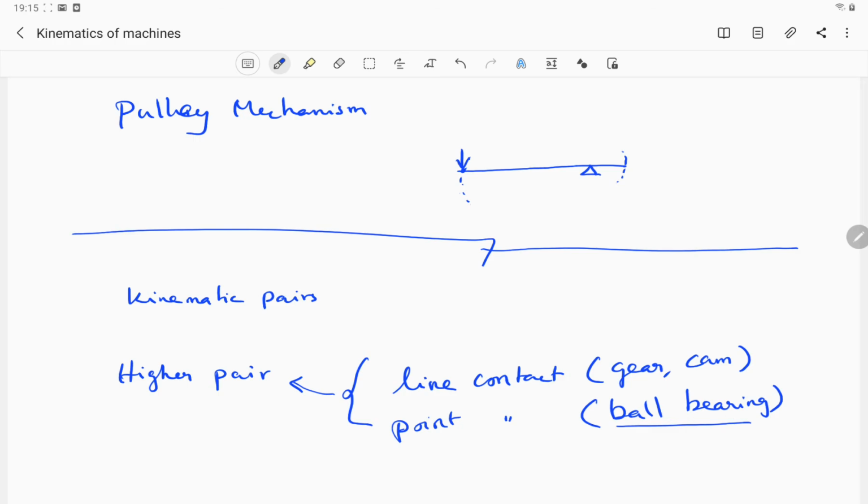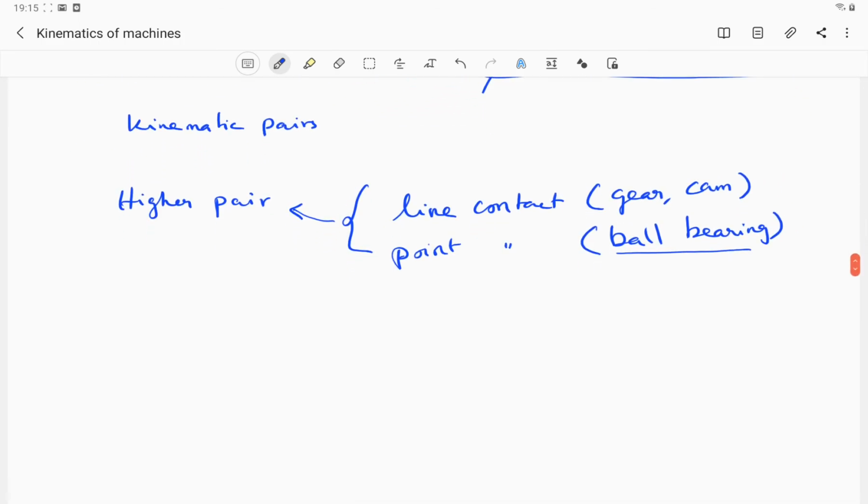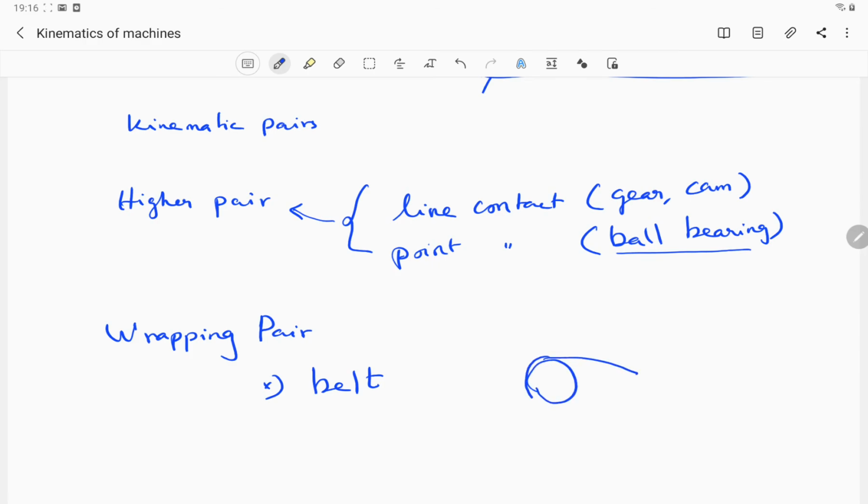So one is lower pair, another one is higher pair, and there is one more pair which is known as wrapping pair. So what is this? Some examples: one is a belt. In a belt arrangement, a drum is there, and then a belt is there.